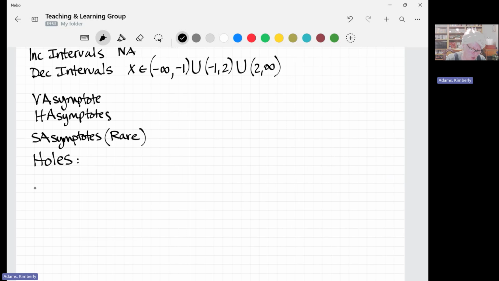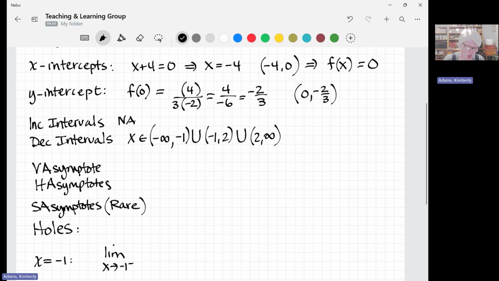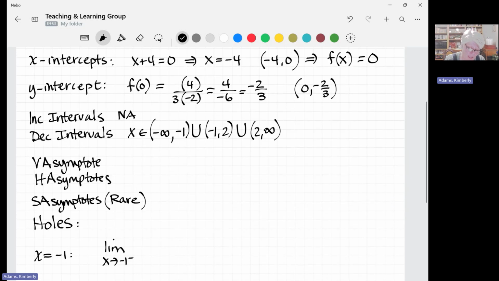Let's look at what happens as I get close to negative 1. These are one-sided limits. Hopefully you remember doing that from before. I'm looking at what happens as I get close to -1 coming from the left side, so in other words, all values less than -1.